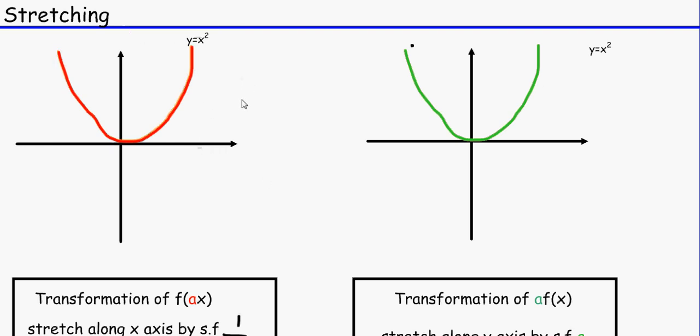Now, with a function such as f of 2x, it's referring to that rule that I said. When it's inside the brackets, it does the opposite of what you intend.